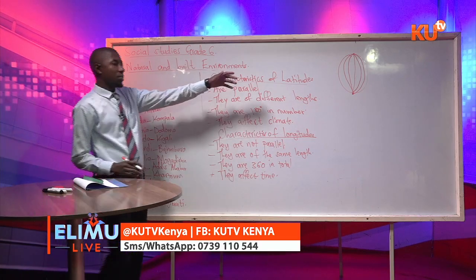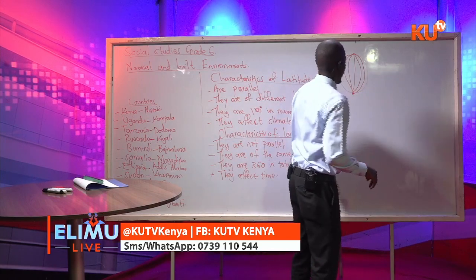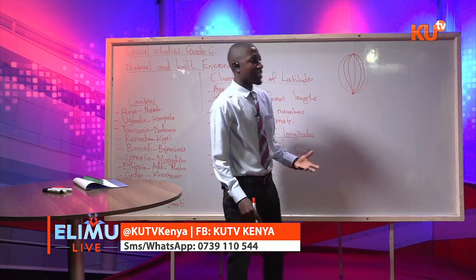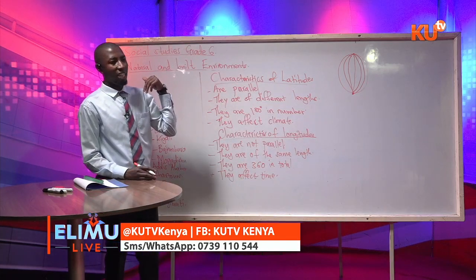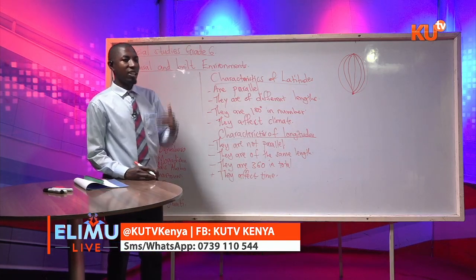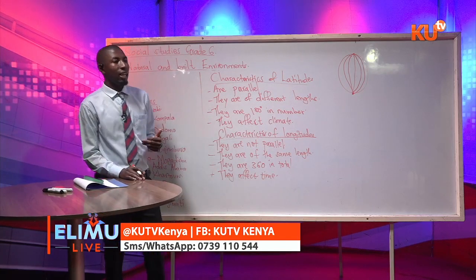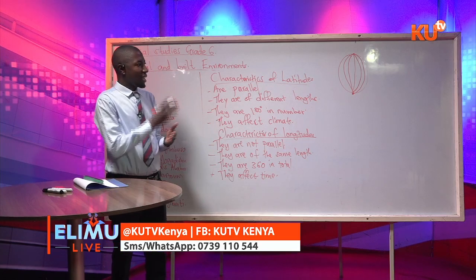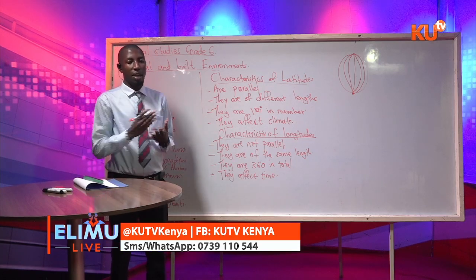When you move to the east of the prime meridian, you gain time. But when you move to the west of the prime meridian, you lose time. That is why people who stay in different places in the world, divided between them by the meridian, don't have the same time.